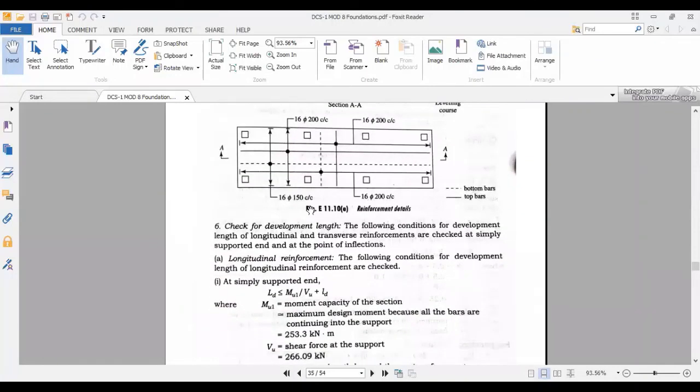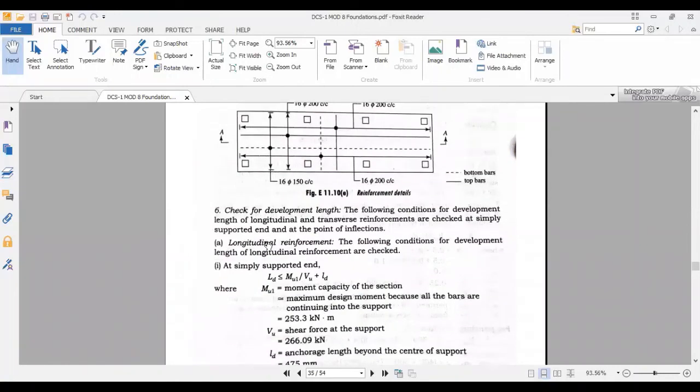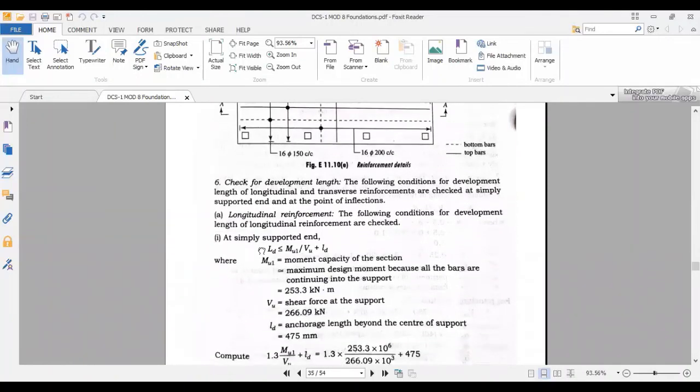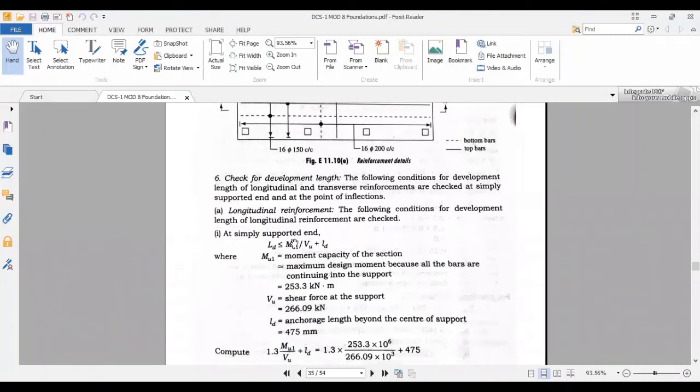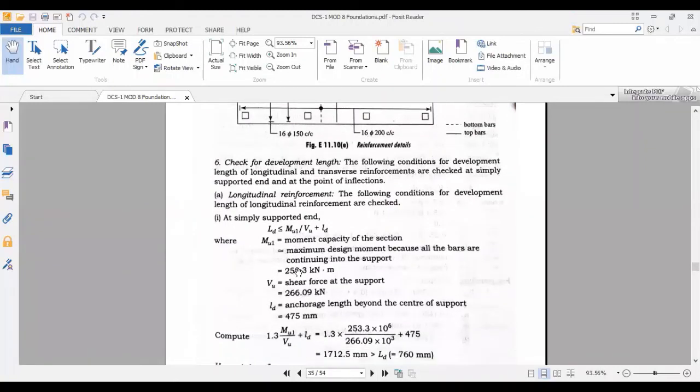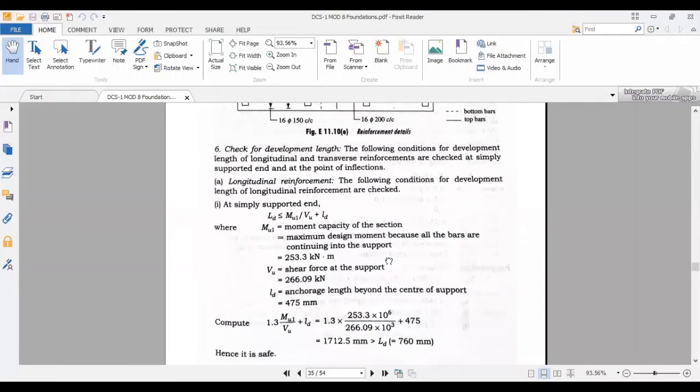Next is check for development length. The following conditions for development length of longitudinal and transverse reinforcement are checked at simply supported end, and at the point of inflections. So longitudinal reinforcement. The conditions for development length in longitudinal reinforcement are checked, and at simply supported end it is given by LD is less than or equal to M1 upon Vu plus LD, where M1, as you know, is moment capacity of the section, and it is given by maximum design moment because all the bars are continuing into the support.